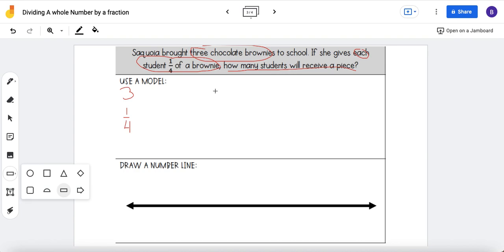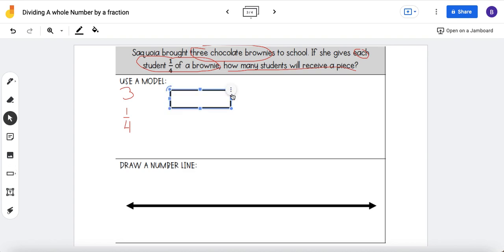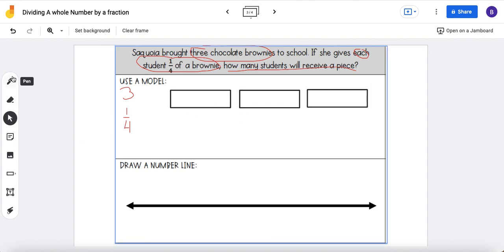And so, since we are using a model for this first part, what I'm going to do is start with 3 models or 3 rectangles to represent the chocolate brownies that Sequoia is bringing to school. And I'm going to break each of these 3 into fourths.